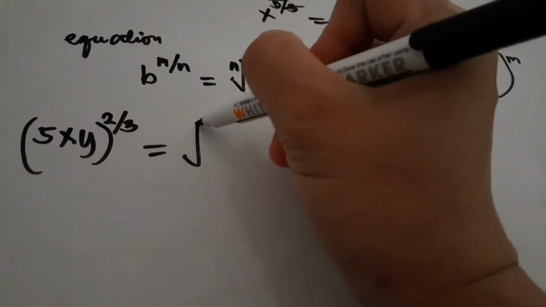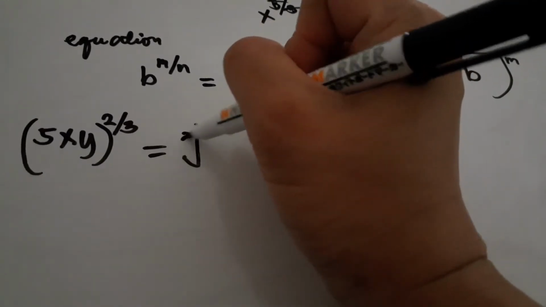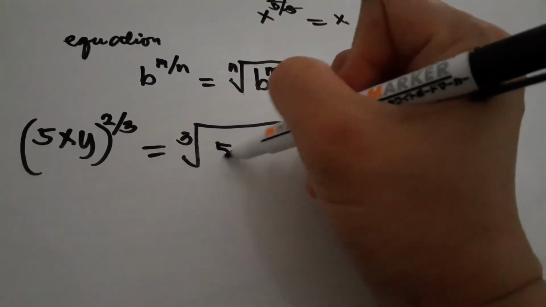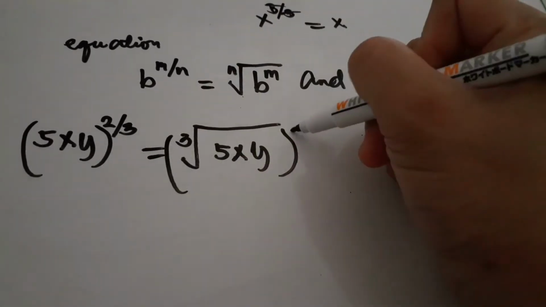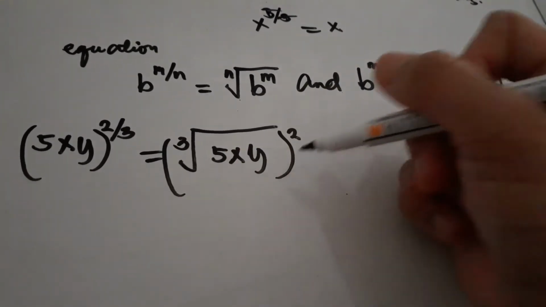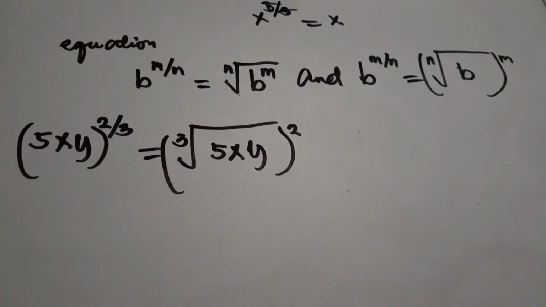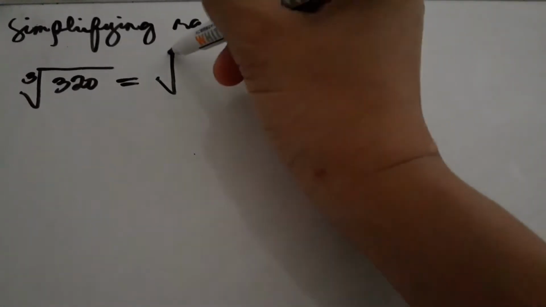So the cube root of 5x, the cube root of 5xy to the power of 2, where 2 is the numerator. In these expressions, we can simplify radicals.